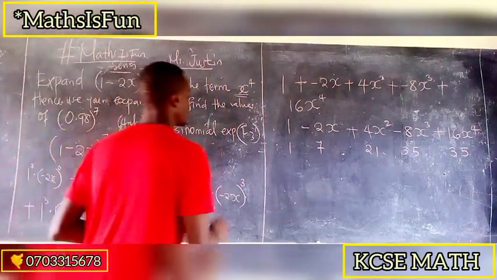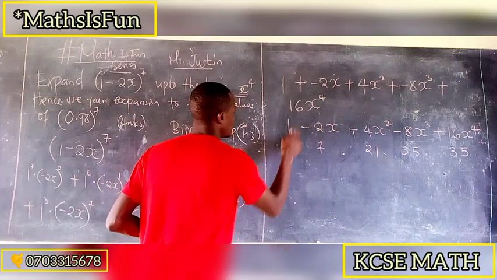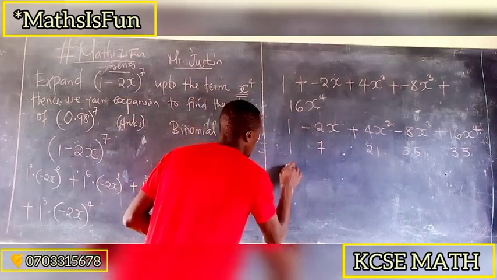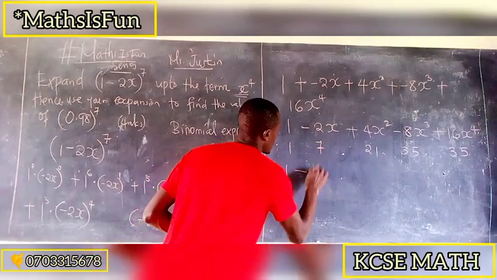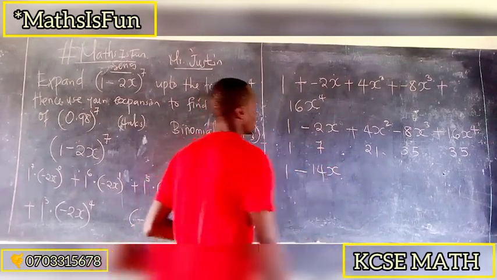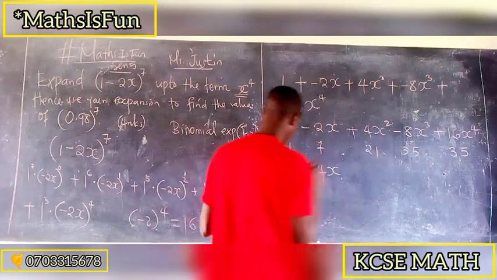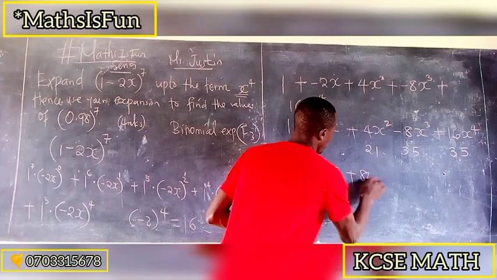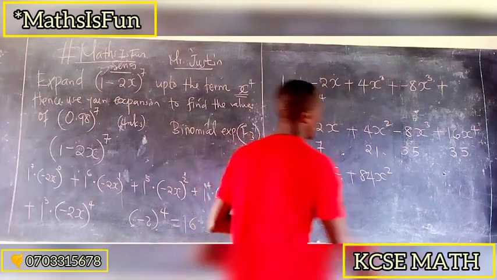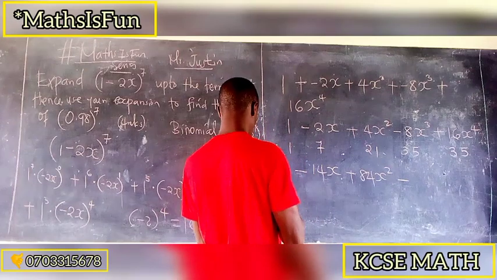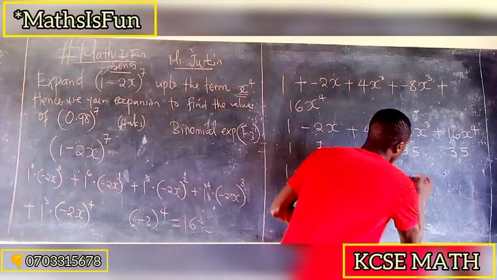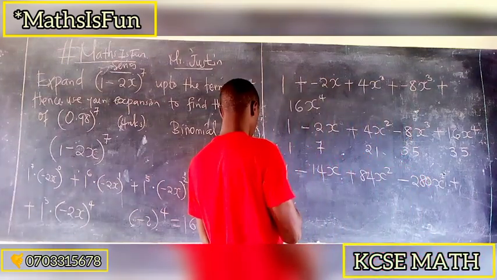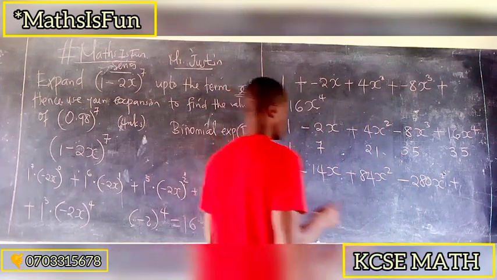Now for the final expansion, you multiply the coefficients with the expression. You have 1 minus 7 times 2 is 14x, then plus 21 times 4, which is 84x squared, then minus 35 times 8 is 280x cubed, then plus 35 times 16 gives me 560x to power 4.